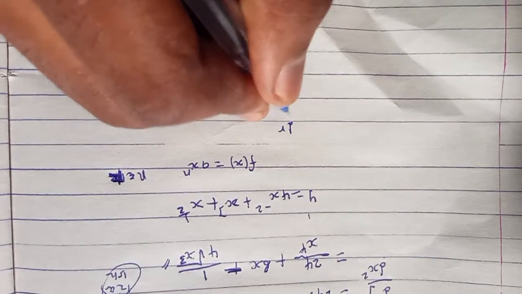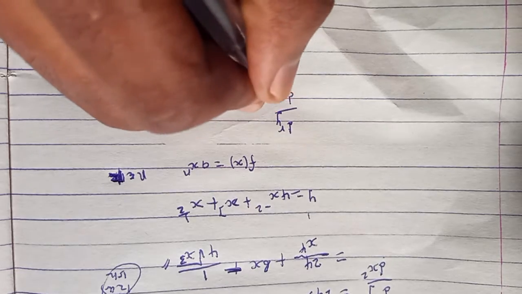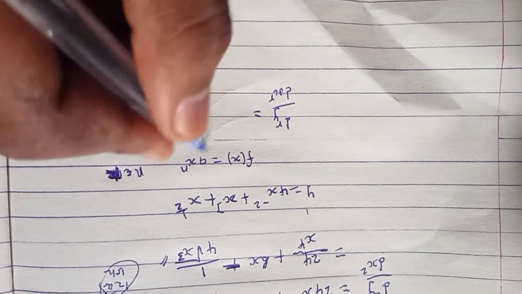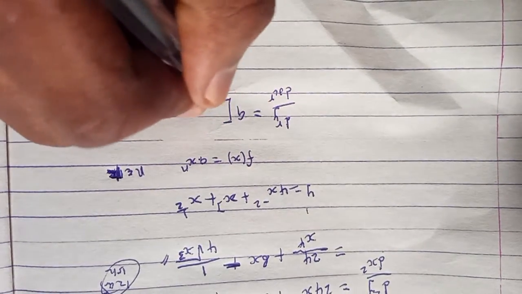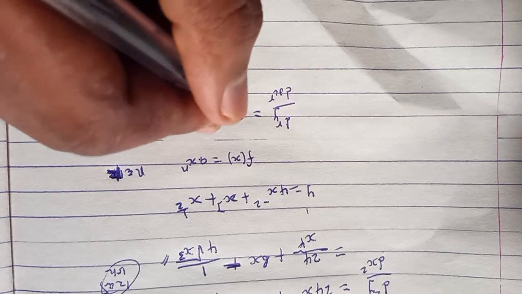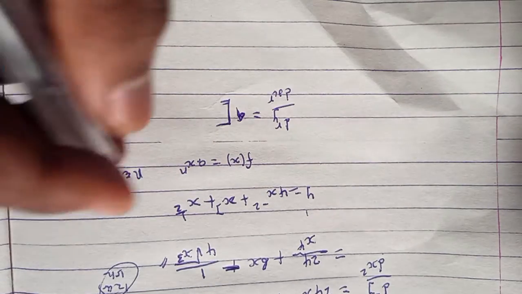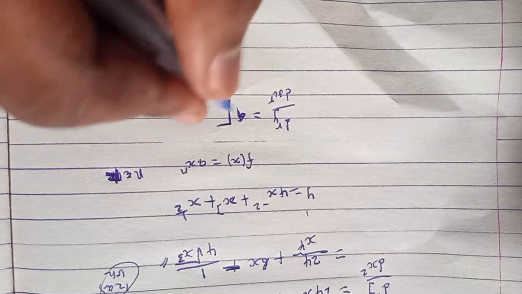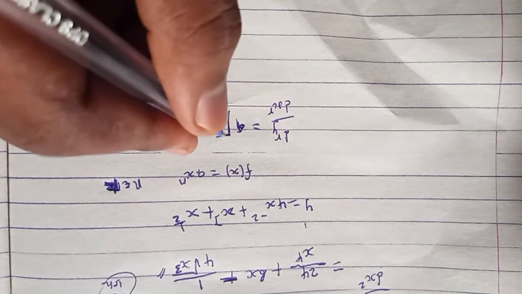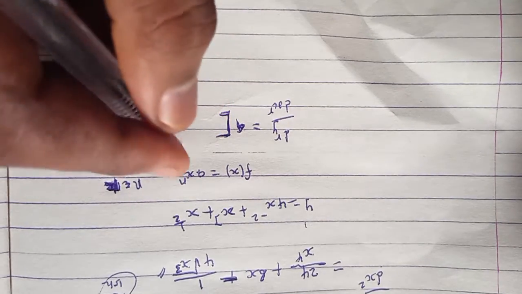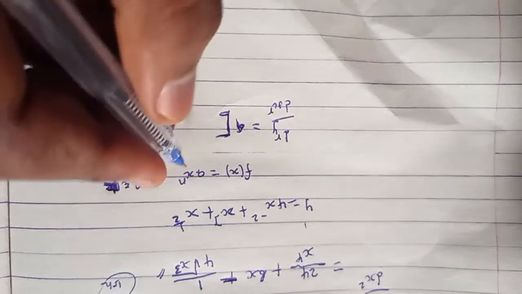The r-th derivative d^r y/dx^r is equal to this: a multiplying by, I will not really explain this one because the video is getting longer, so I'll just show you how it came about.